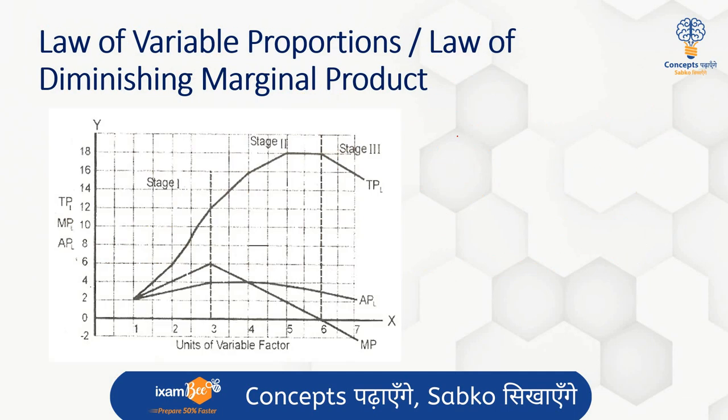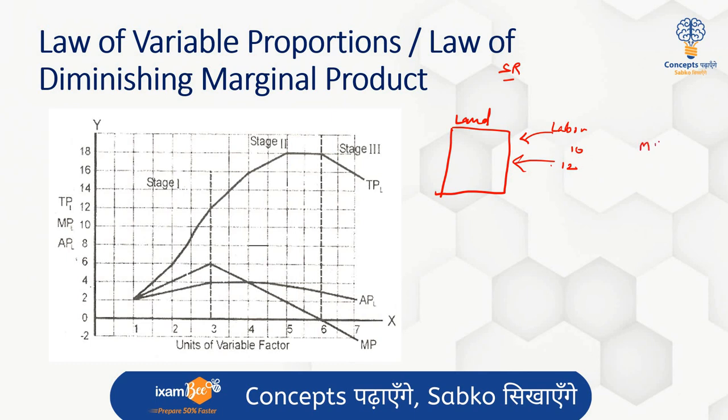So this law says that suppose you have a land here, this is one of the fixed inputs in the short run. A piece of land cannot increase in the short run. Now, let's say you are employing some amount of labor here, let's say 10 units of labor are being employed on this piece of land. So the marginal product is initially increasing when more and more units of labor are employed, let's say from 10 to 12.